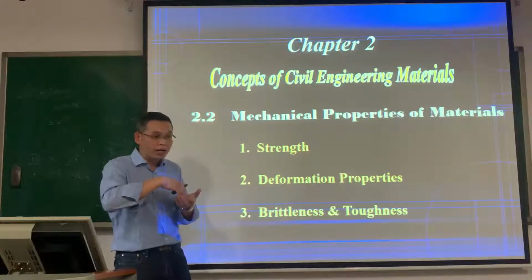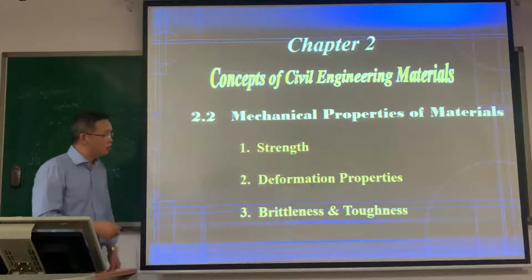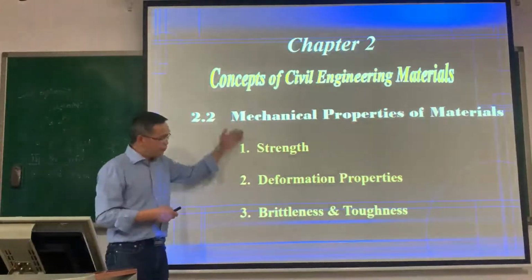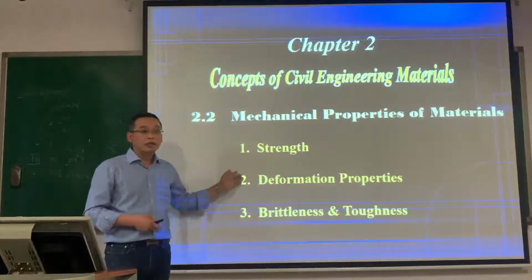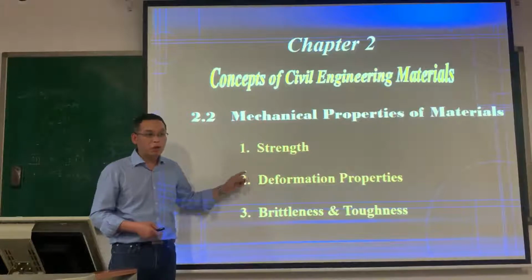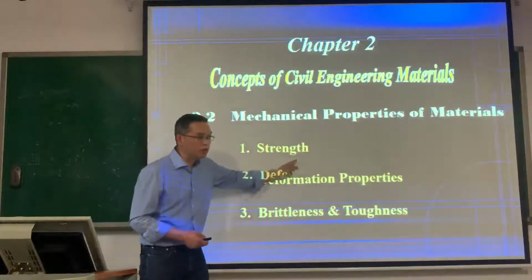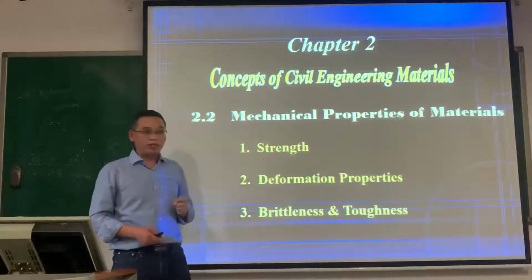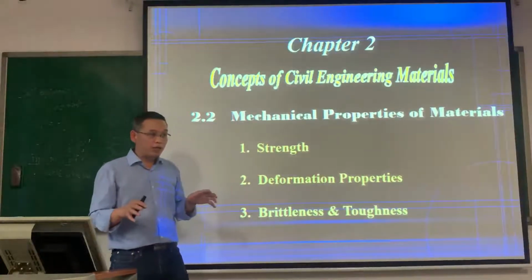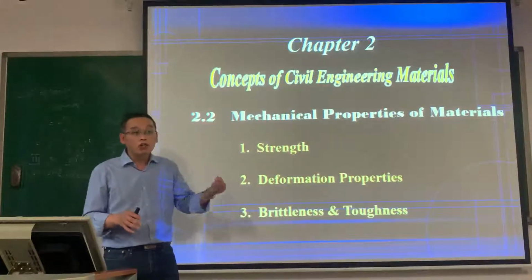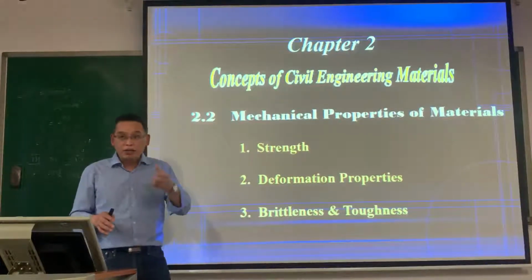Deformation will happen. So, in the mechanical properties of materials, there are three concepts or three parts we need to know. The first one is strength. Strength is the most important mechanical property for all materials: for wood, for steel, for cement, for concrete, for rock.